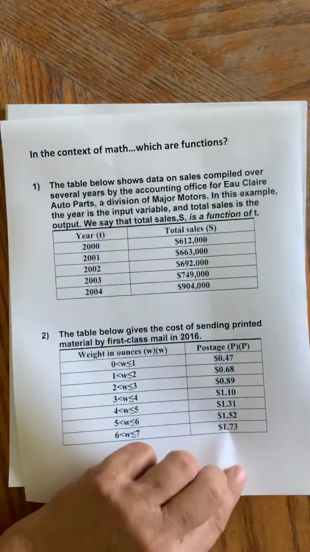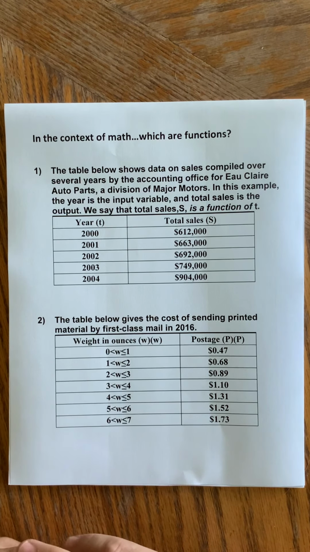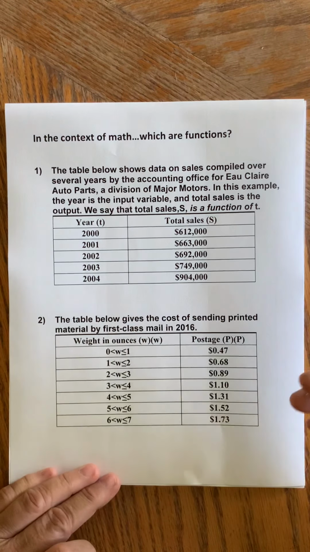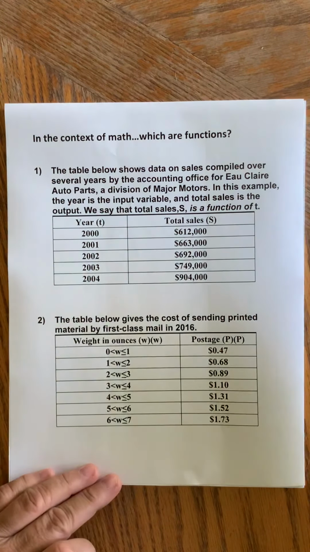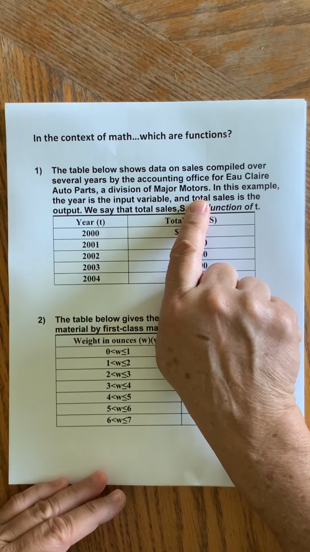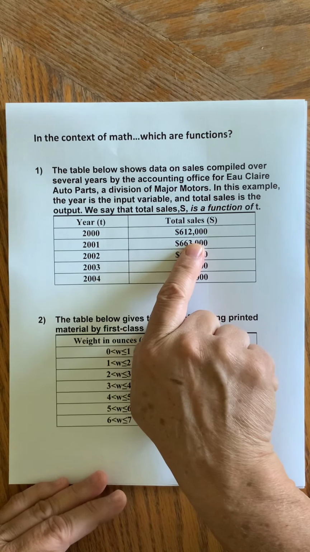Now, here's some more mathy examples. So what happens in the context of math? A lot of math books will either give you a table or a graph or something like that and say, is this a function? So here's an example of a particular company, Major Motors, and for each year, what sales they made.